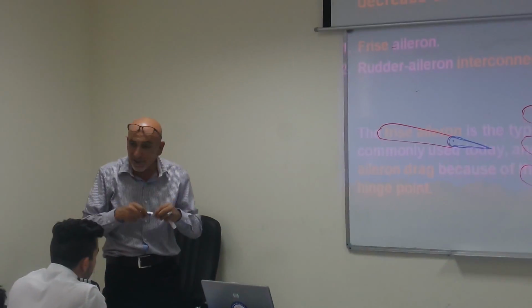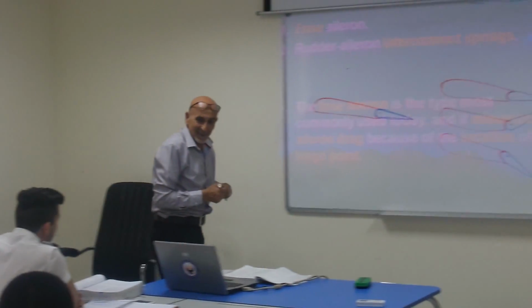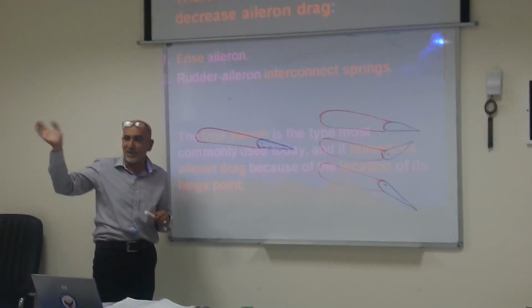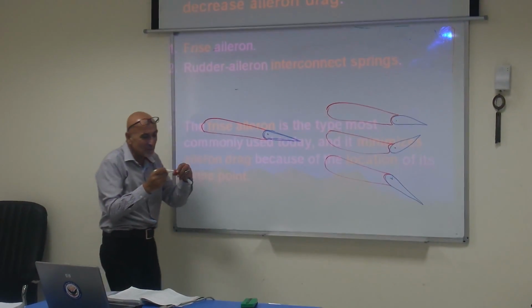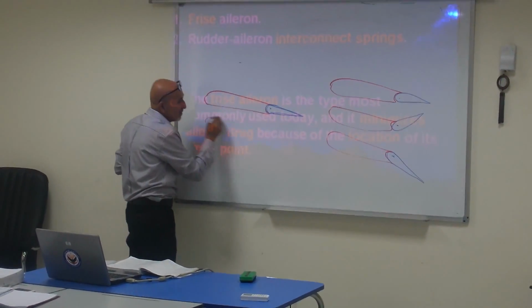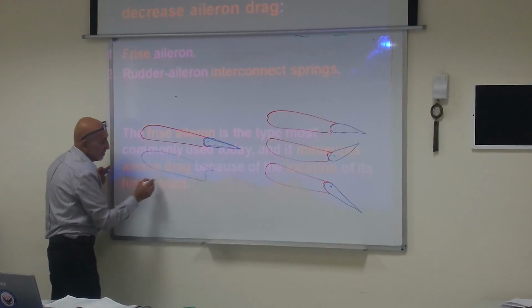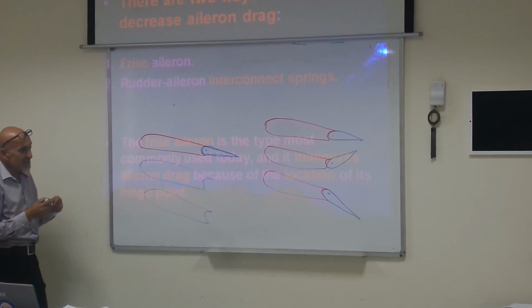But in order to counteract what we call adverse yaw, we have installed a different type of aileron that is called the Frise aileron. Let's see the difference in movement. This is in neutral, okay? Now, a Frise aileron.